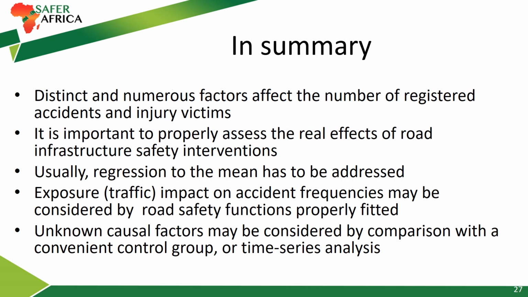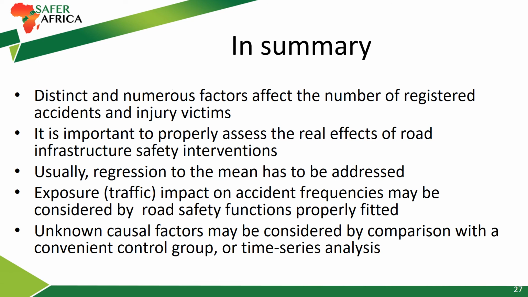So this concludes session 5 of Module 4 on safer roads. We have seen that distinct and numerous factors affect the number of registered accidents and injury victims. It is important to properly assess the real effects of road infrastructure safety interventions.